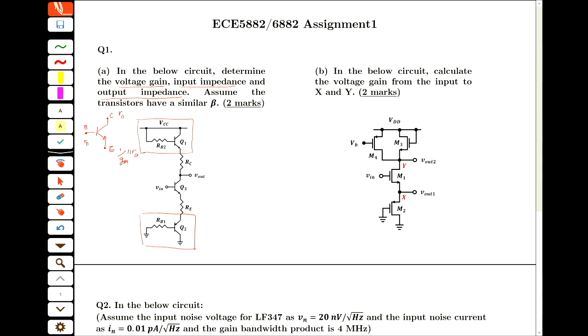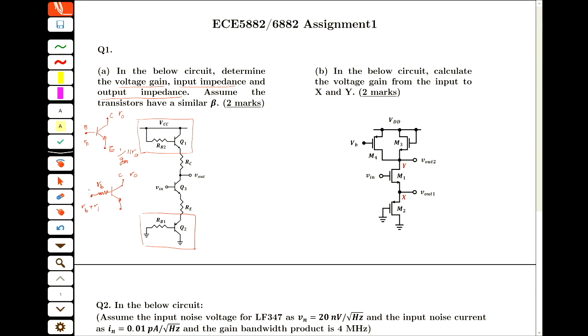And if we have a resistance RB at the base, then the impedance from the base is RB plus R pi. The impedance from the collector is again RO.